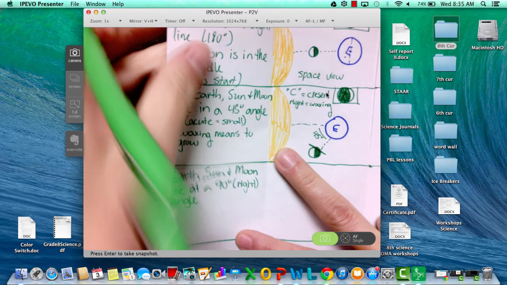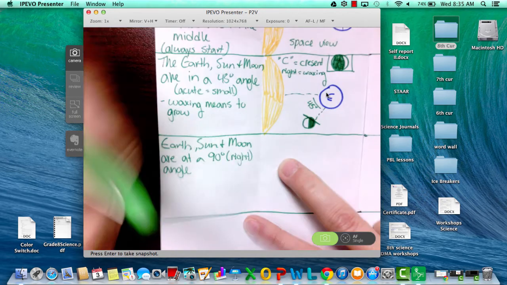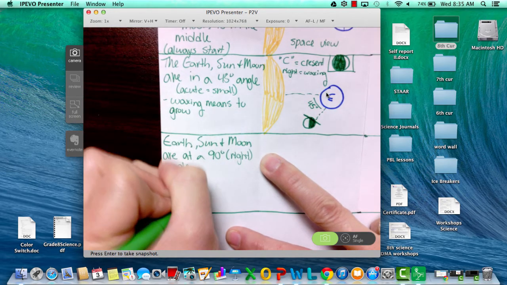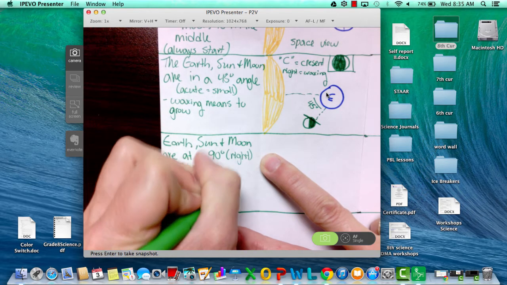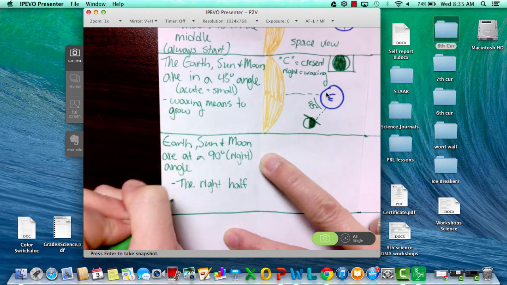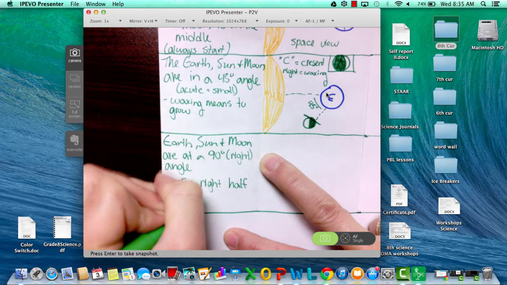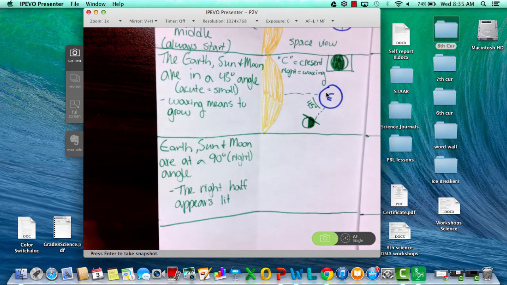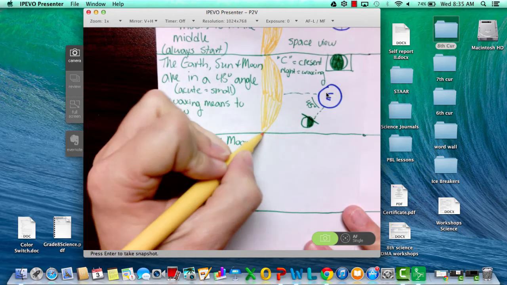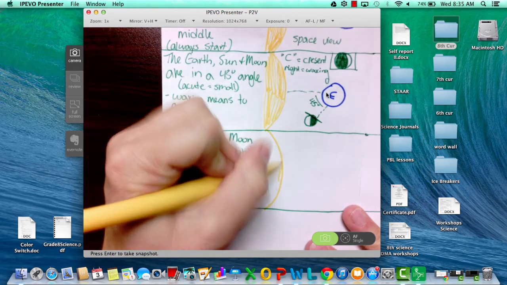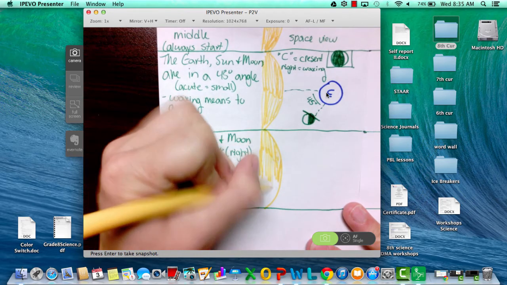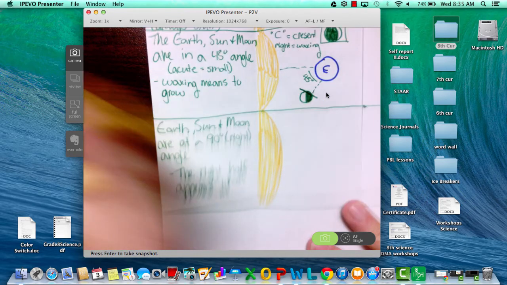And because we're still in the waxing phase, it is still the right half of the moon that is going to be lit. Now notice which way the moon is revolving around the Earth. The moon, like I said, everything in space revolves in a counterclockwise motion.